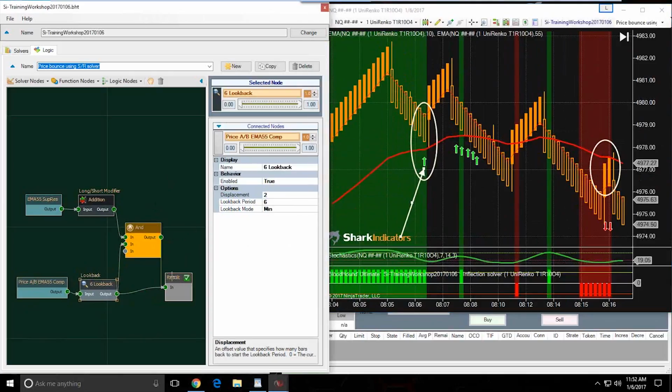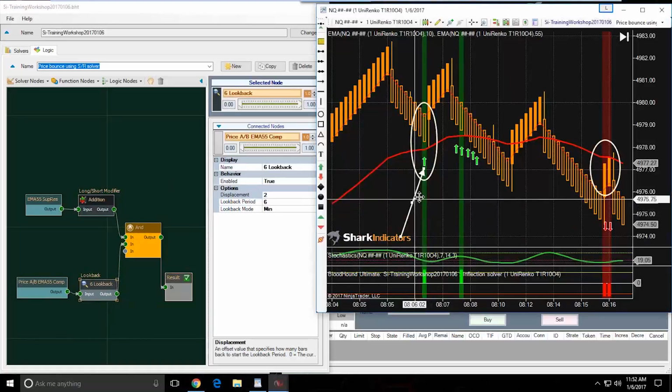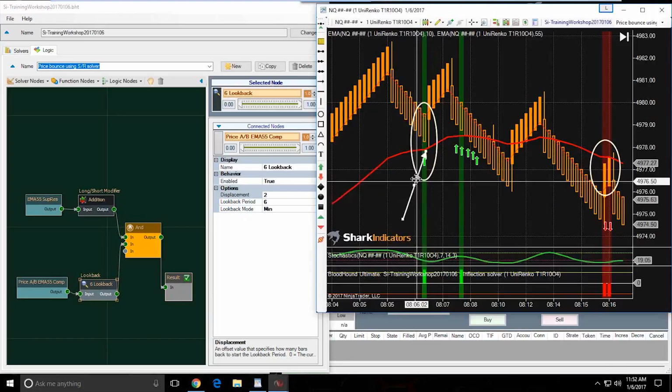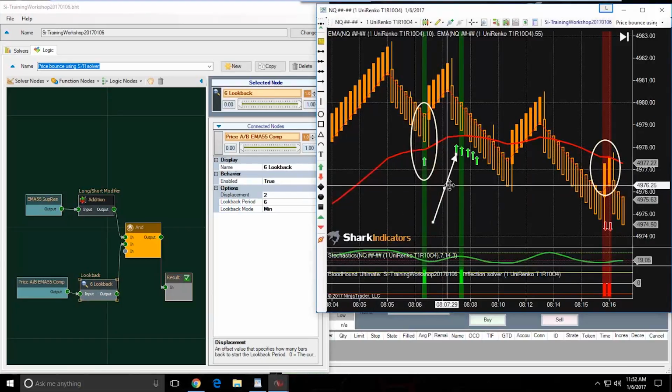So let's take a look at the AND node here. There we go. We have a possible bounce there. If we look at all of these, the first one is missed. You notice how the first one is missed? We got the second one, but not the first.